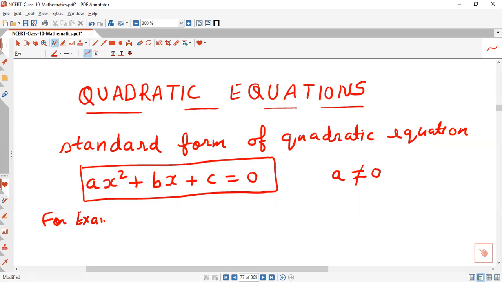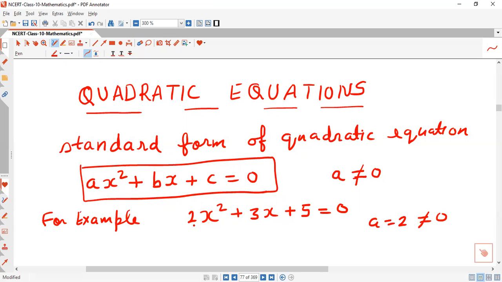For example, we say 2x square plus 3x plus 5 equal to 0 is a quadratic equation, because the coefficient of x square is 2, which is not equal to 0. So that's why we say this is a quadratic equation.